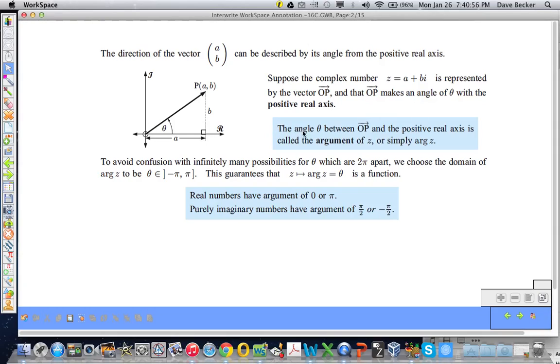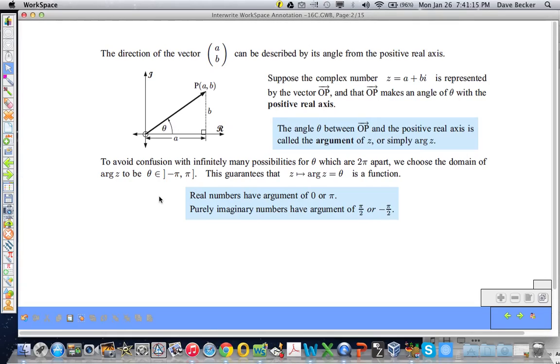What we call the angle theta between vector OP and the positive real axis is called the argument of Z, or simply, one of my favorite mathematical abbreviations, arg Z. Arg Z is just this angle right here.